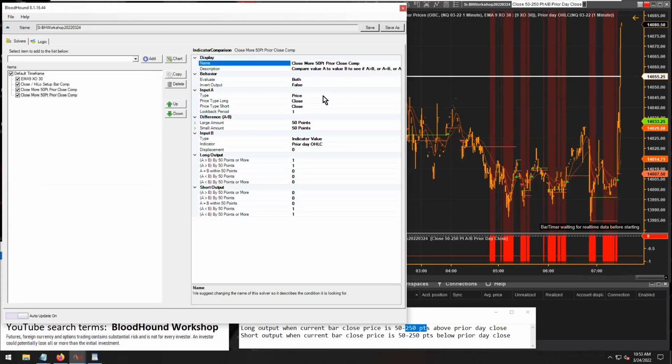So this time we're looking for the close to be within 250 points of the prior close. All right, so let's go and adjust that to 250 points there.